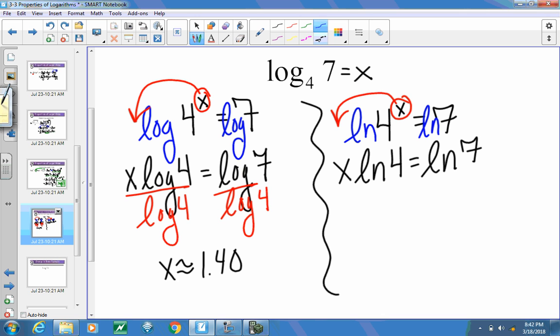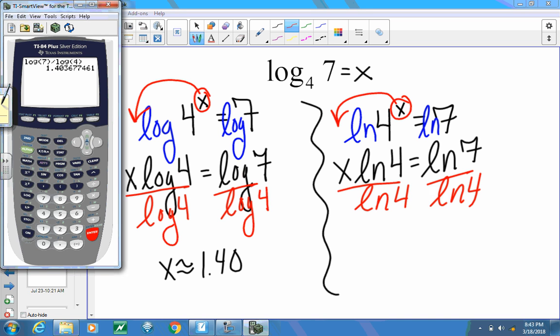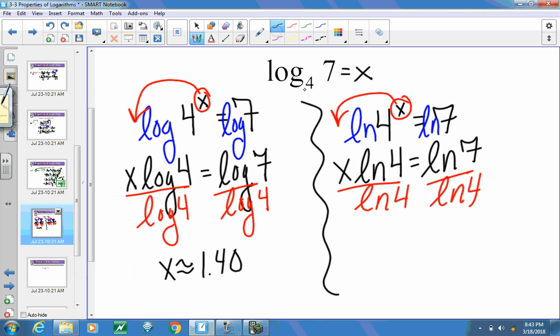Solving for the value of x, I'm going to divide by the natural log of 4. And so then you would just go to your calculator, the natural log of 7 divided by the natural log of 4. And you'll notice that we'll get the exact same answer. So x is approximately 1.40.